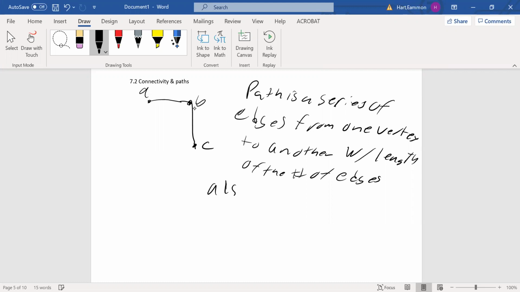Also, no vertices or edges are repeated.